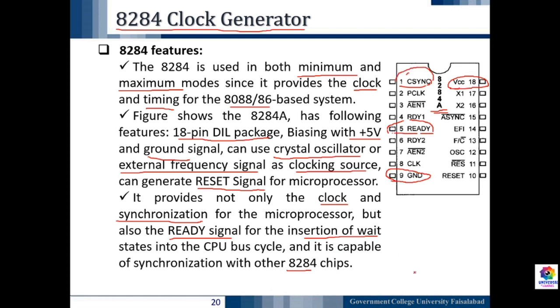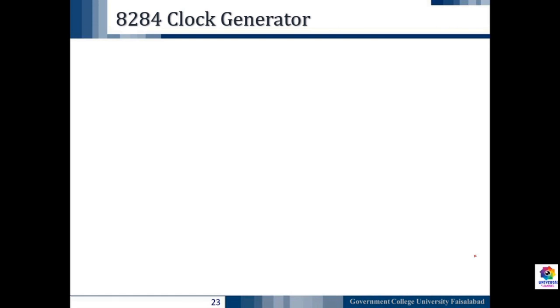Now in this slide we will study the 8284 clock generator pins, which are 18 in number and can be divided into three groups.